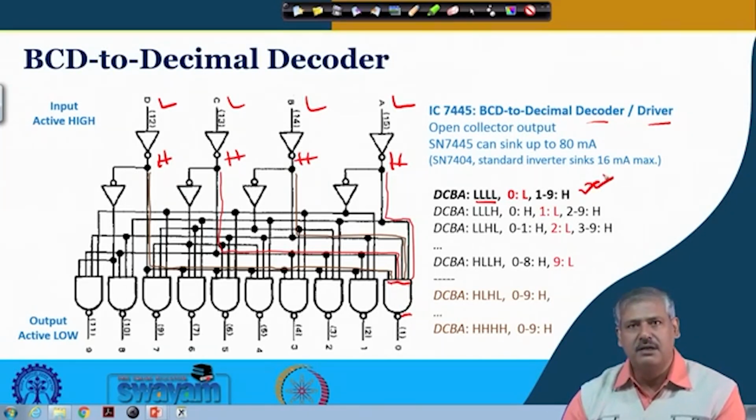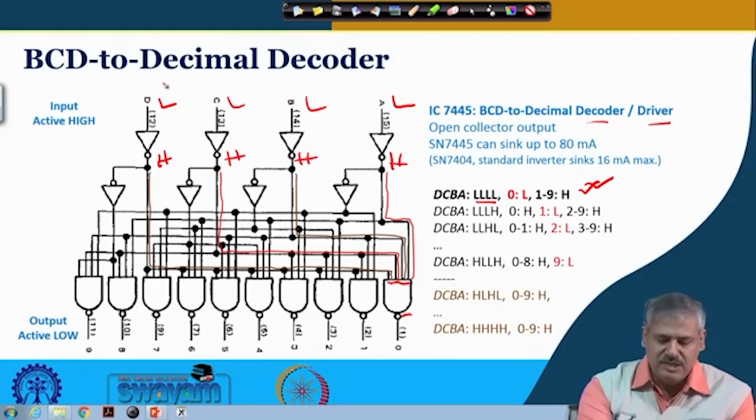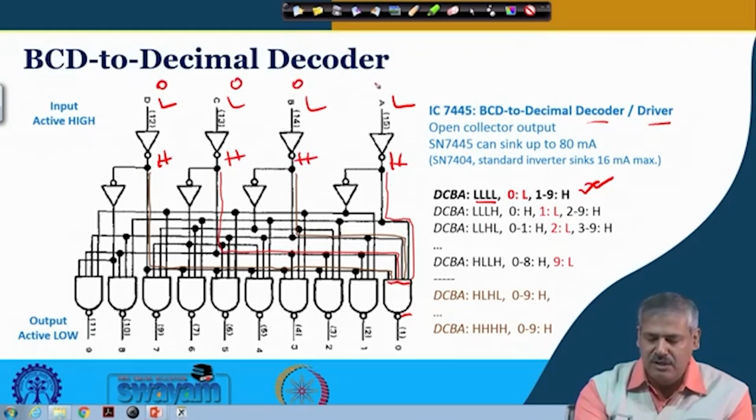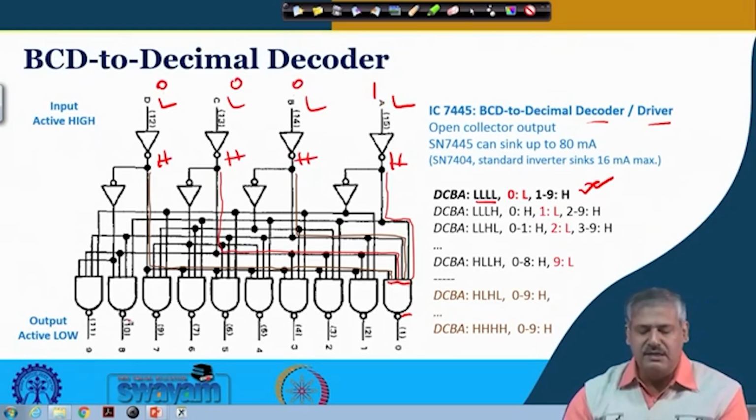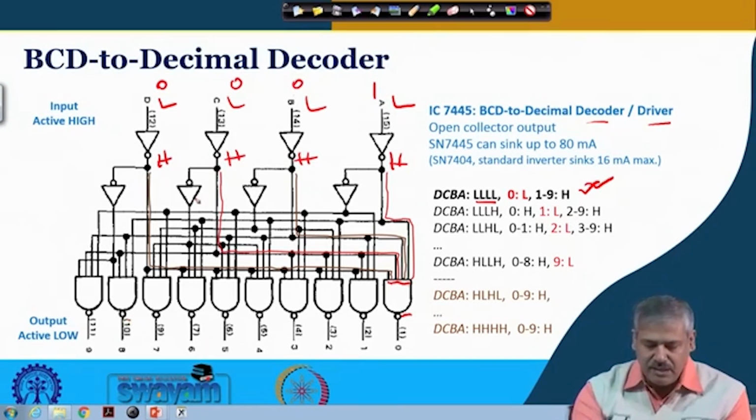This is understood. Now when this is low, low, low, high, that means 0001 is present. We shall again see the connection. These three are high, and this one becomes low, and this high is connected here.